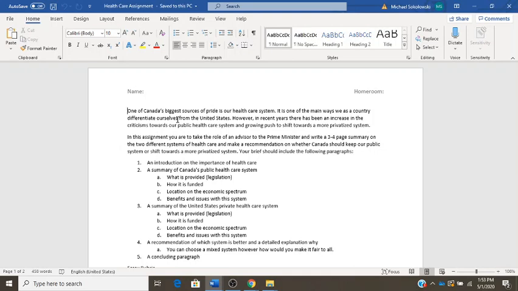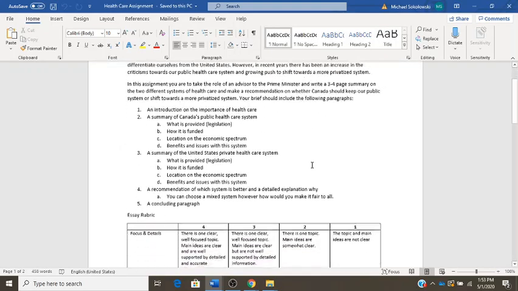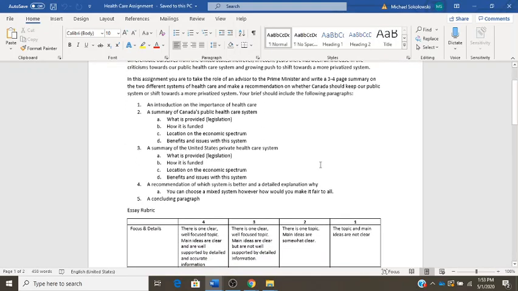When I say 3 to 4 pages, I mean 3 to 4 pages double spaced. So that should be the approximate length of it. And your brief should include the following things. It should have 5 paragraphs, and in your first paragraph, you are going to be talking about healthcare.